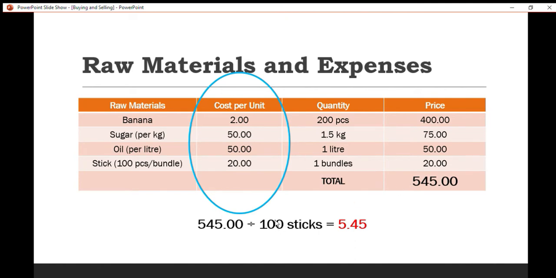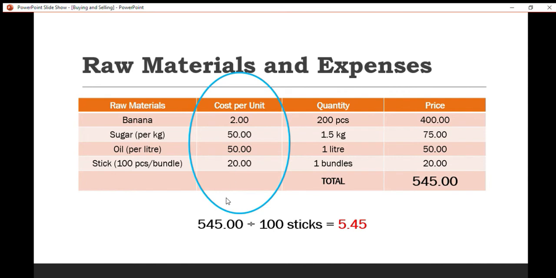Since 100 sticks ang ating ibebenta, 100 units yon. So 545 pesos divided by 100 sticks, that would give you 5.45 pesos. Yan yung ating cost price. Okay? So this is the cost price. 5 pesos na agad para lang dun sa mismong banana queue.